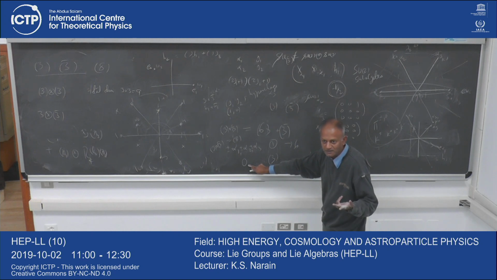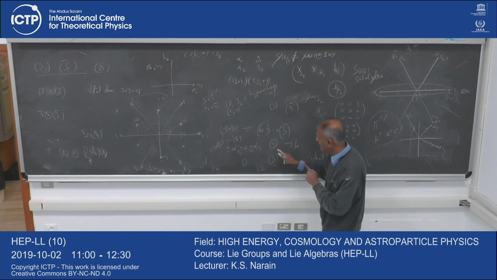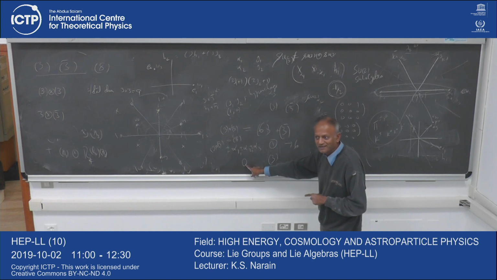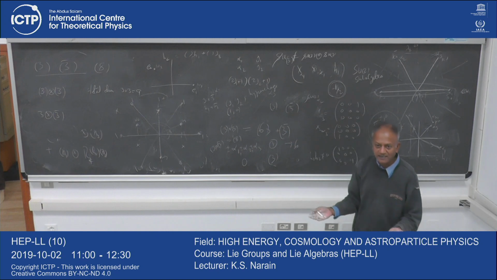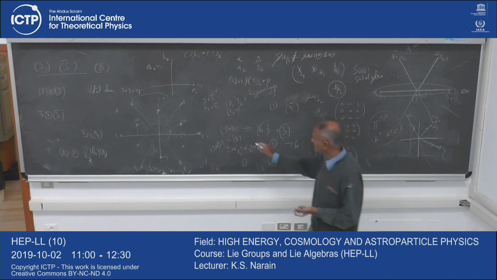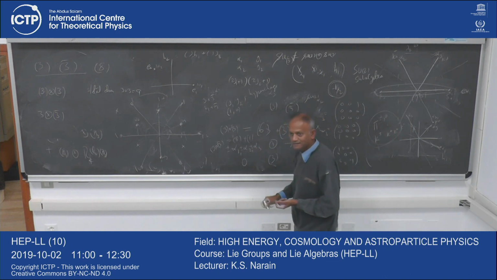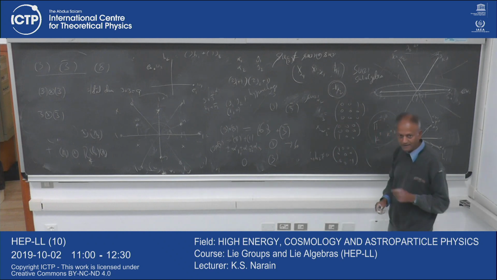Those are 0 eigenvalues, right? But then I have 1 left, which is 0. Once I have removed these 8 states, what will be left over will be a highest weight state again, right? That highest weight is 0, 0 spin. J1 and J2 both have 0. So that will be a singlet. So that's how it splits.